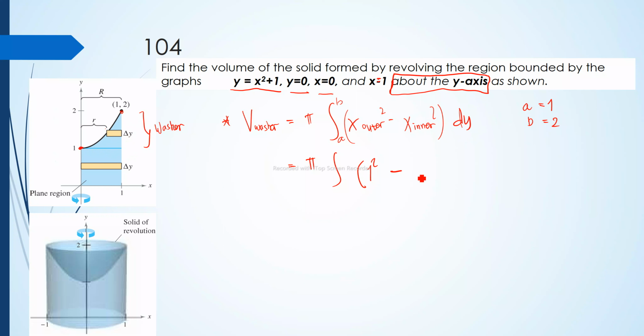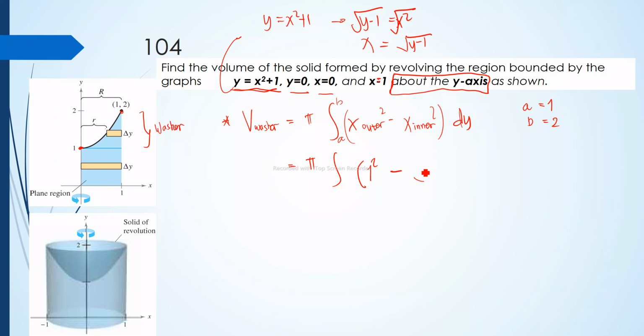So we need to isolate the x on the other side. We have y is equal to x squared plus 1. We just rewrite that: y minus 1 is equal to x squared. To get x, x is just equal to the square root of y minus 1.